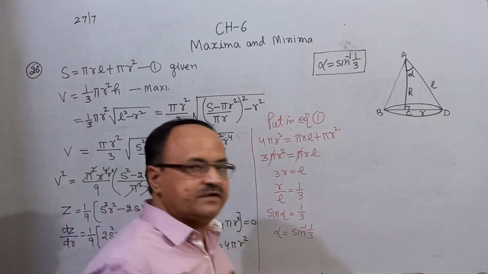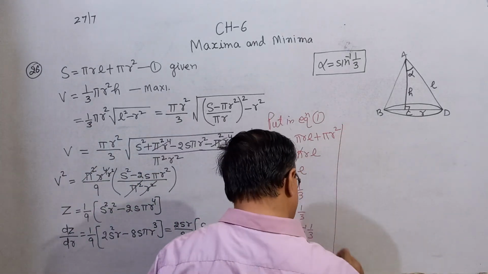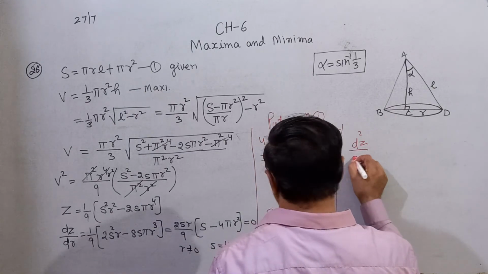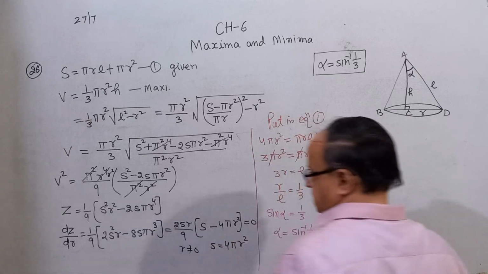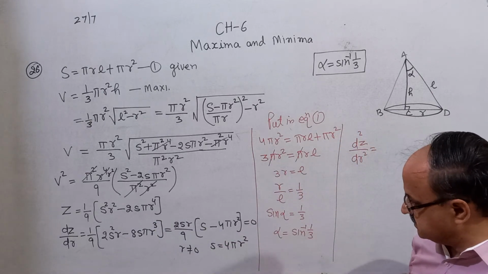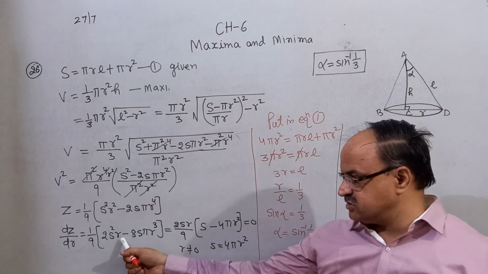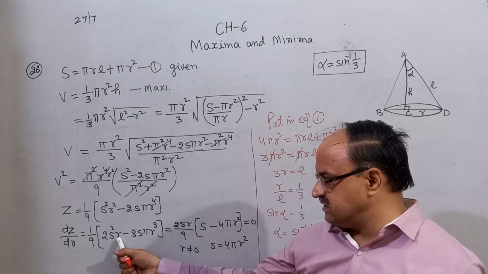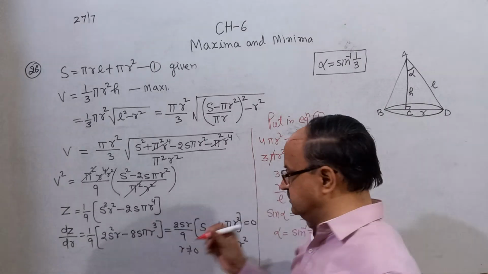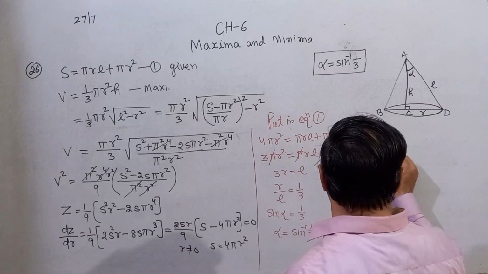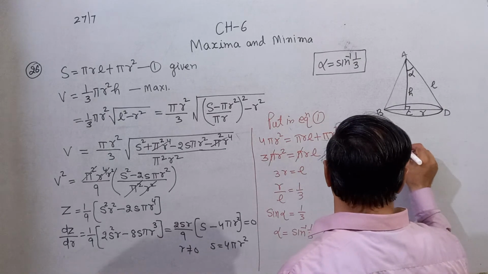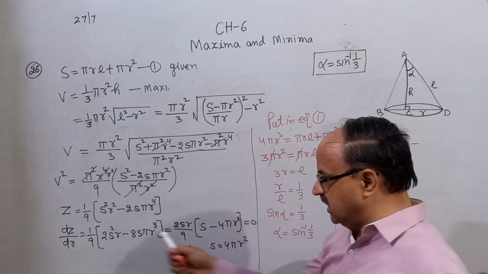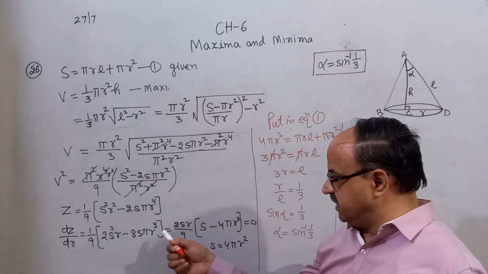Now the second order derivative, d square Z upon dR square, of this simplest form. The derivative of R is 1, therefore we get 1 by 9 times (2 S square minus 24 S pi R square), since the derivative of R cube is 3R square multiplied by 8.